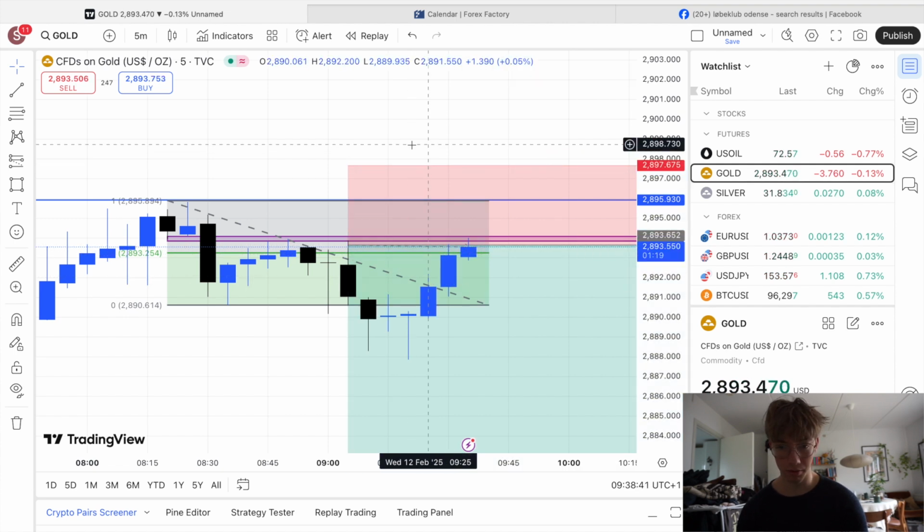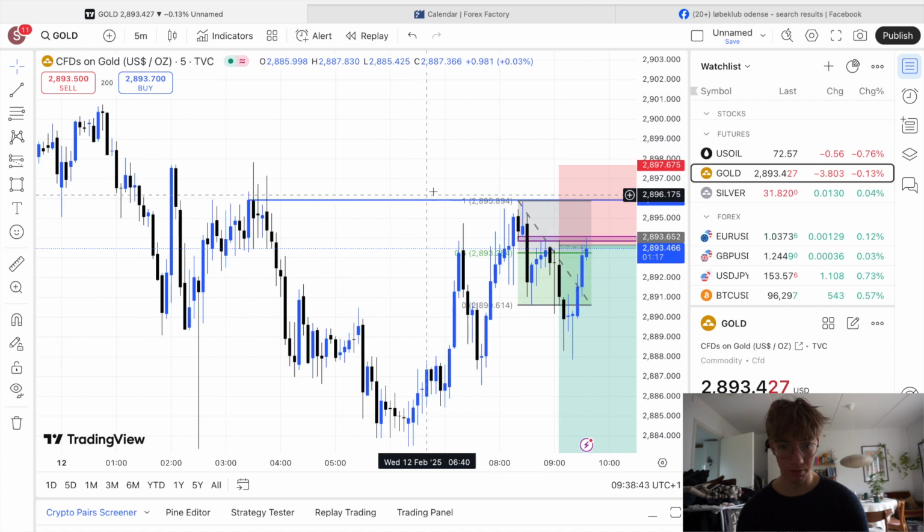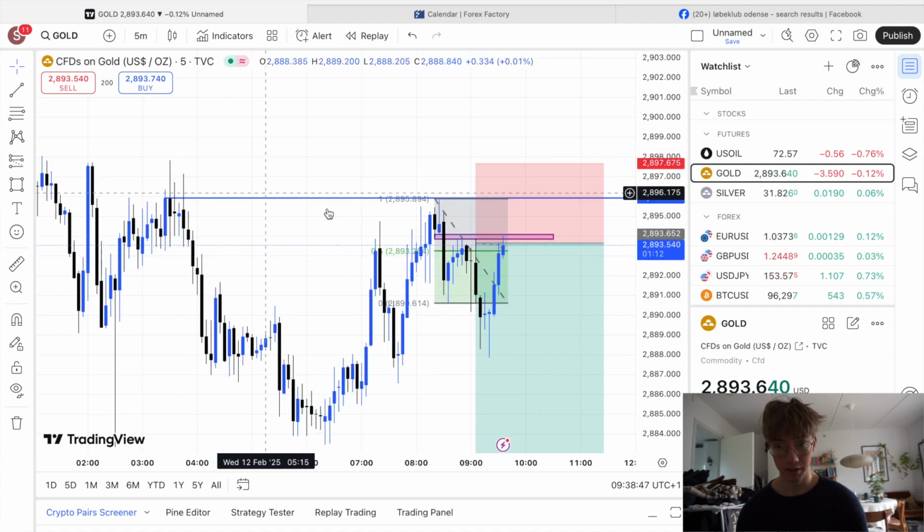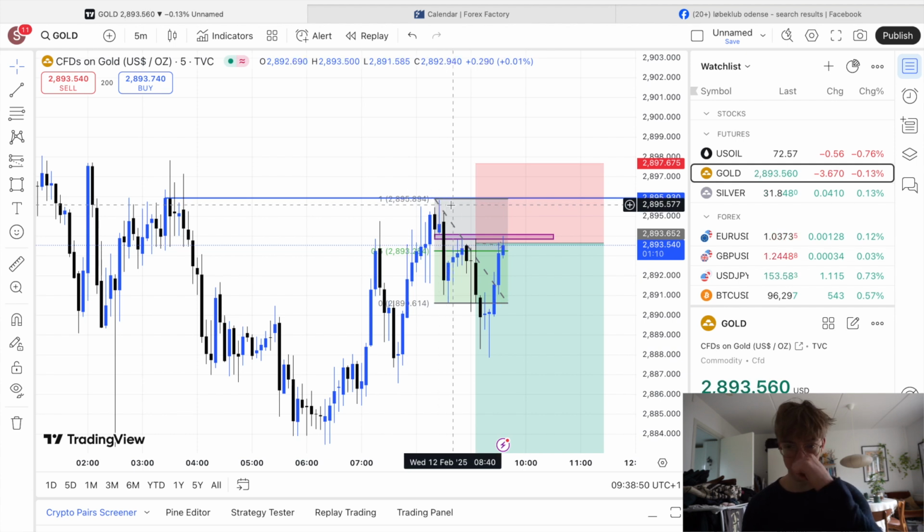And then I just put my stop loss above the liquidity sweep, so that means above here, not above here. I don't know why. I could probably move it, but yeah.